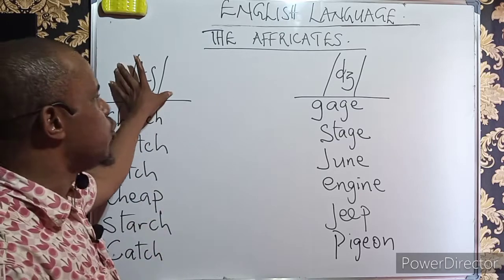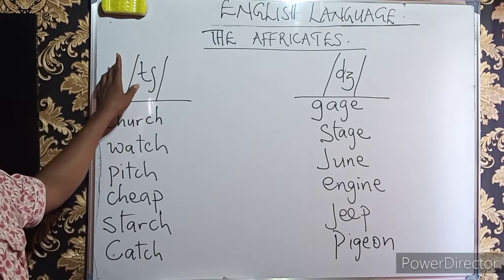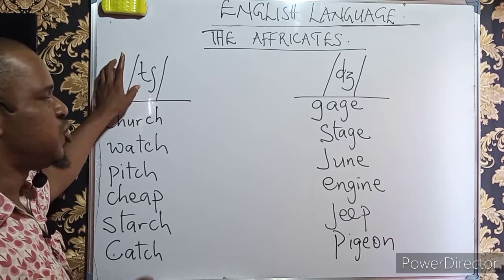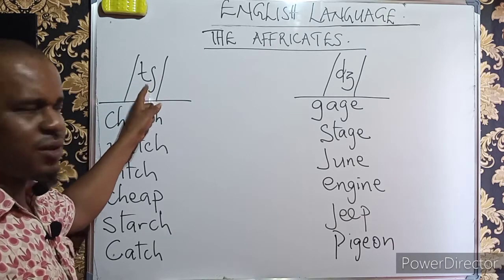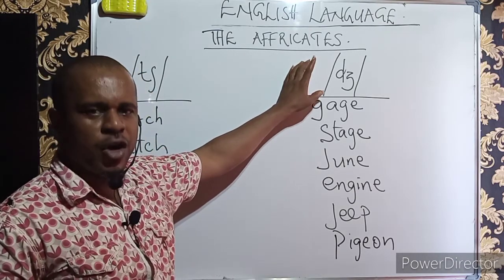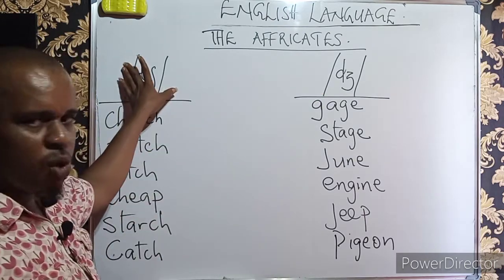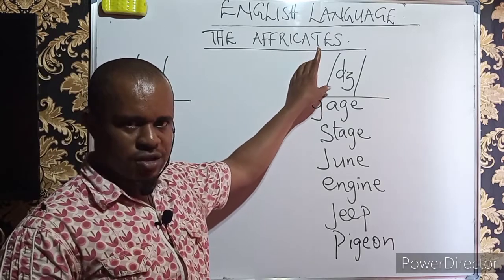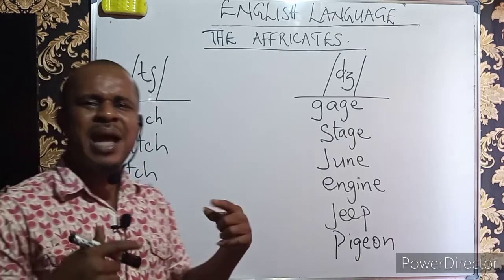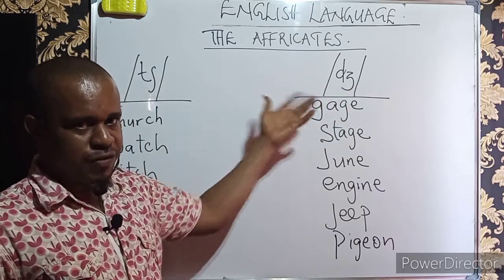If we look at the two phonetic symbols of the affricates, this is pronounced as ch. Sound ch. And this is voiceless. While this is j, and this is voiced. Like I said, they are grouped into voiced and voiceless. Apart from that, we have the same articulation pattern as we make efforts to produce the two different affricates.